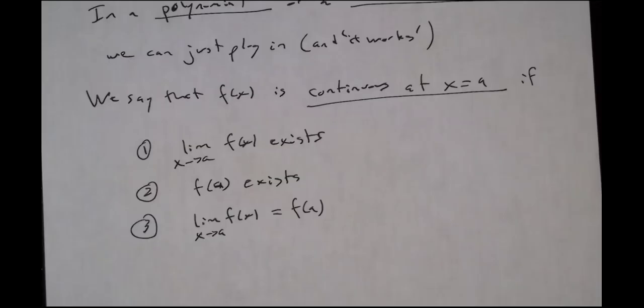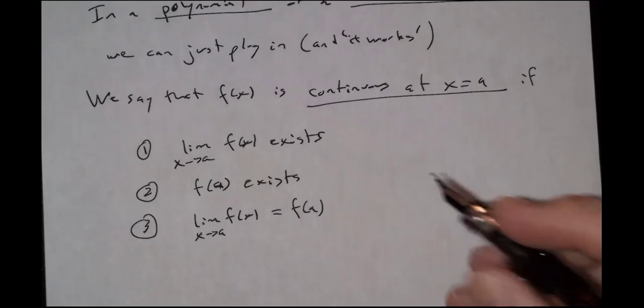So if my limit fails to exist, I have to lift my pen off the page. If my value doesn't exist, I have to jump over that x value. Whether that's because of an asymptote or a hole, I have to jump over it. And if the two don't match, that means I've combined these two errors in some fashion. A function that is continuous is smooth, with no holes, no jumps, no gaps.